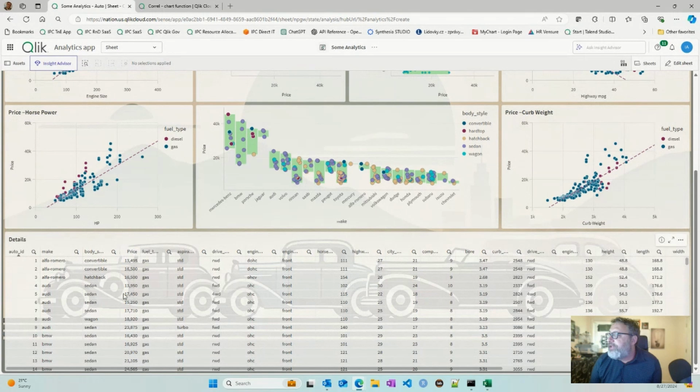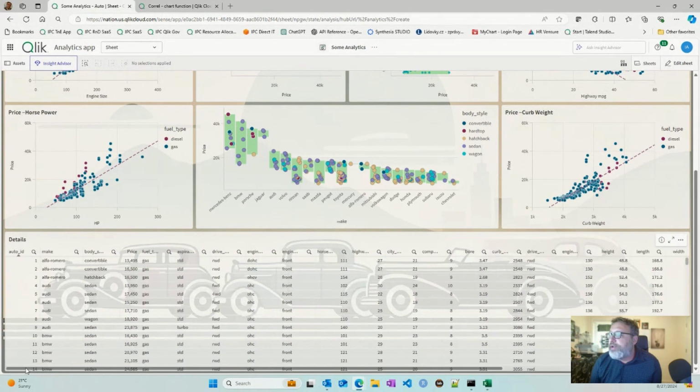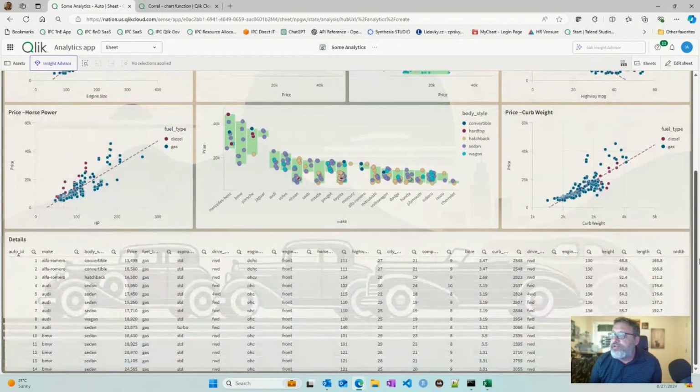If you find the engine size, somewhere down here, you see the engine size is also a number. So for mutual information, I can use two types of data, continuous or discrete.